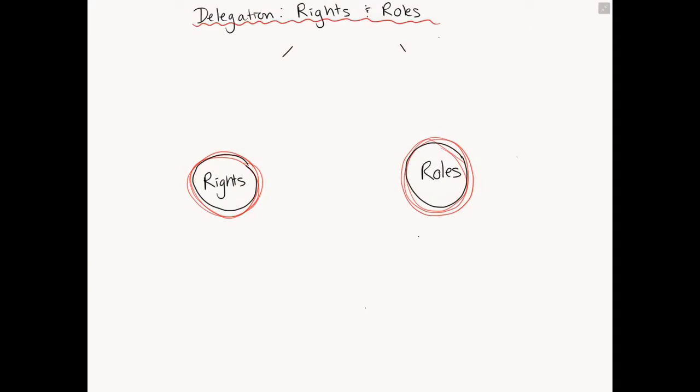Okay, so we're going to first talk about the rights. The right task. This is where we consider knowledge, skill, scope of practice, and the stability of the patient.